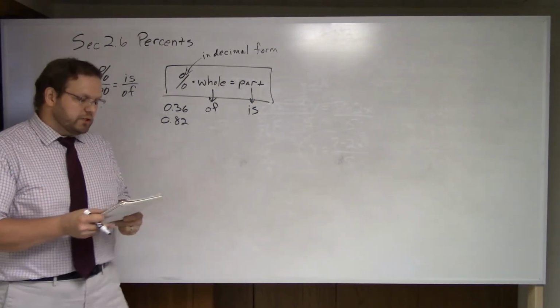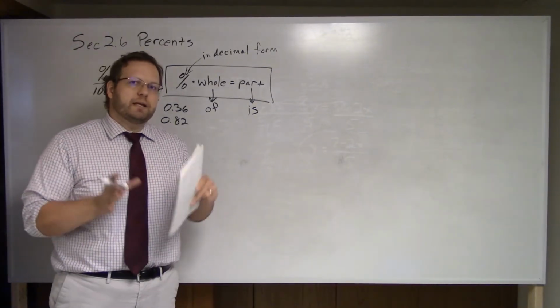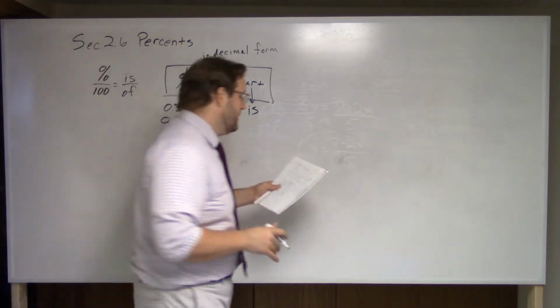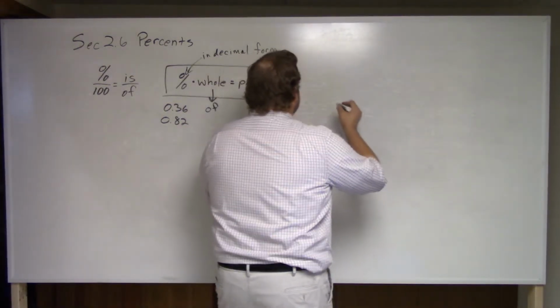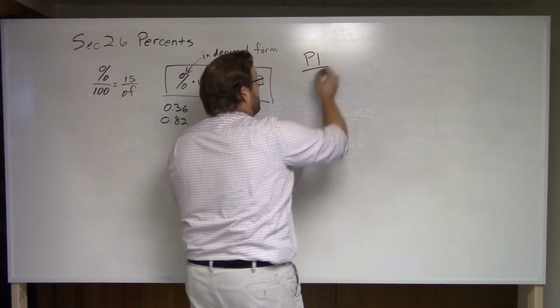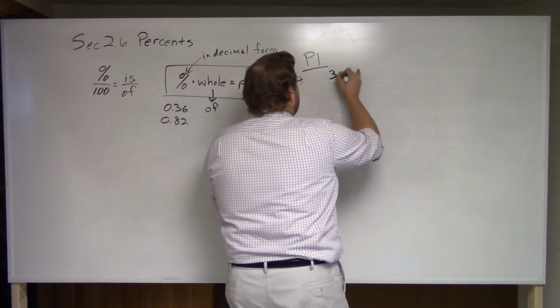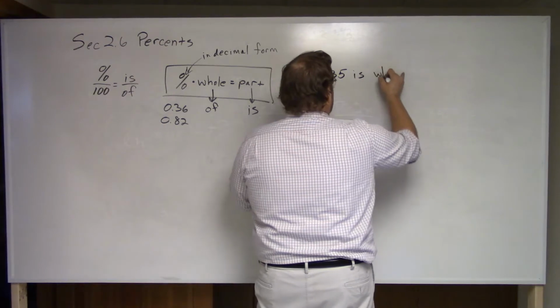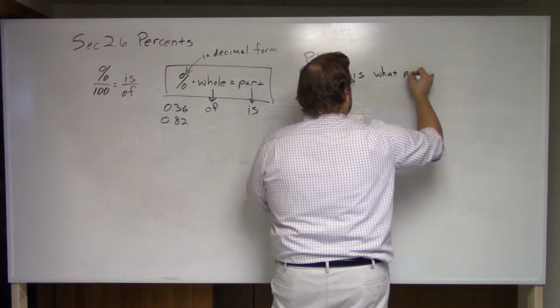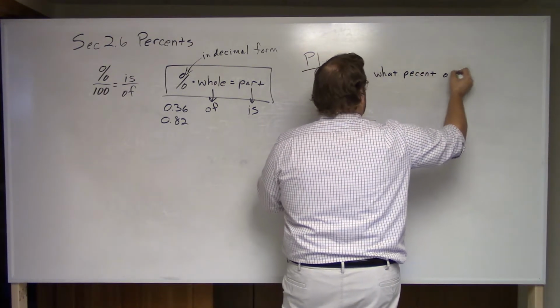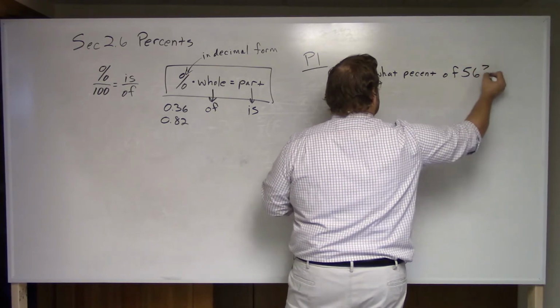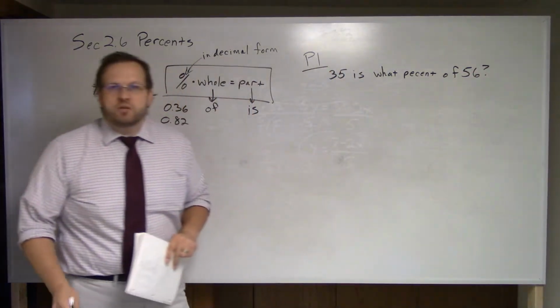Okay, so let's look at a couple of very basic percentage type problems. This is practice 1 in the book. It says 35 is what percent of 56? There's no application here.